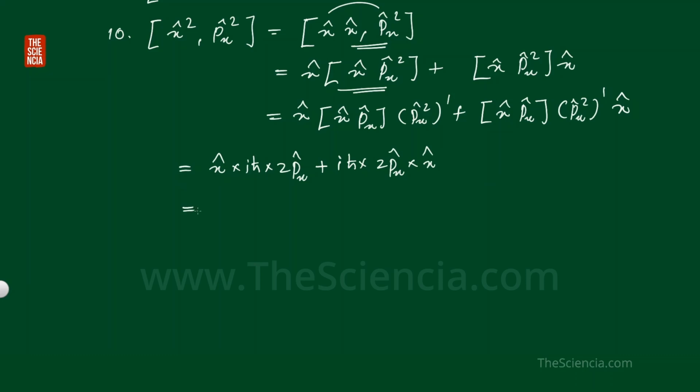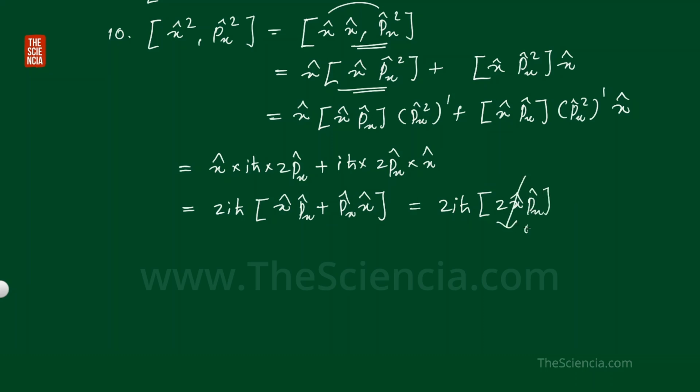Now we can rearrange and simplify this equation. That is 2i h cross into x cap px cap plus px cap x cap. Can we write this as 2i h cross into 2 x cap px cap? No. Why? I told you in the earlier case, commutator bracket of x cap px cap is equal to i h cross. That is, x cap px cap is not equal to px cap x cap.